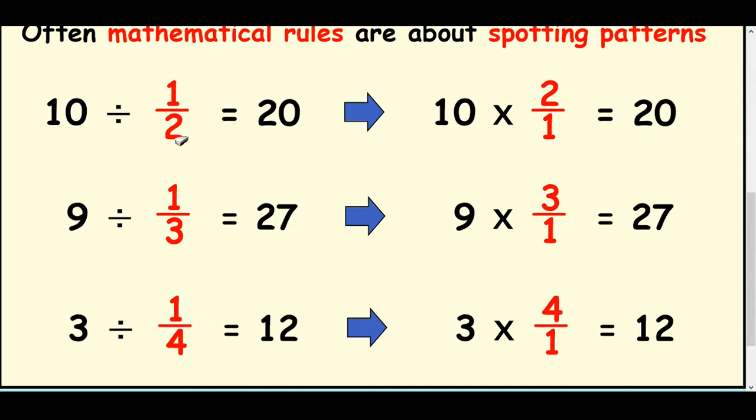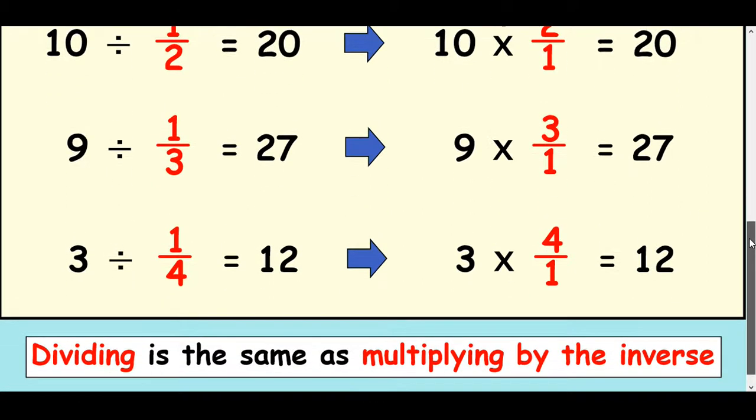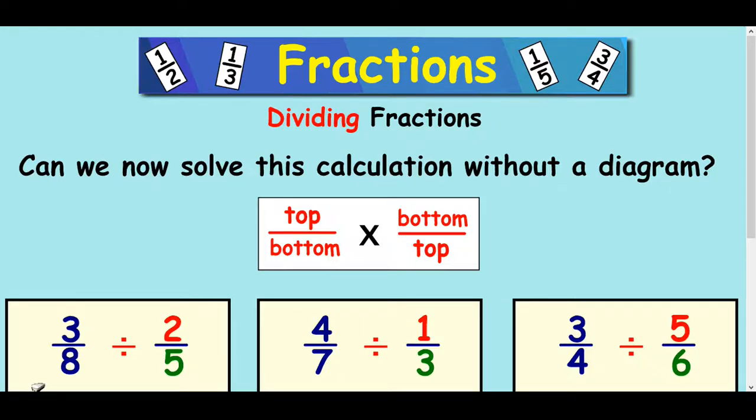From 1 over 2 it's going to 2 over 1, from 1 over 3 it's going to 3 over 1, and we're timesing, and it gets us the same answer. So that's the rule for dividing by fractions. It's the same as multiplying by the inverse. The inverse is a flipped version of the fraction. So the basic idea is you do the top over the bottom times the bottom over the top.